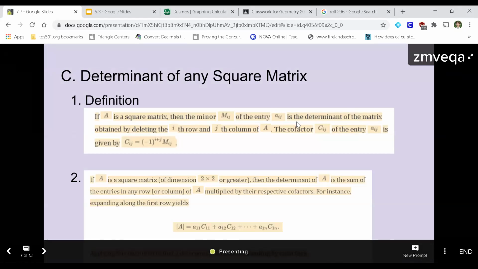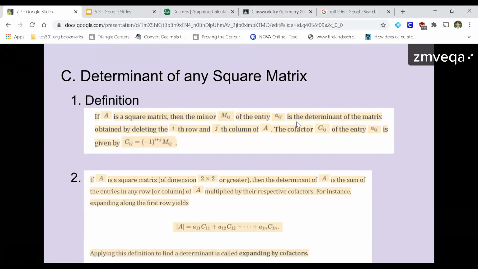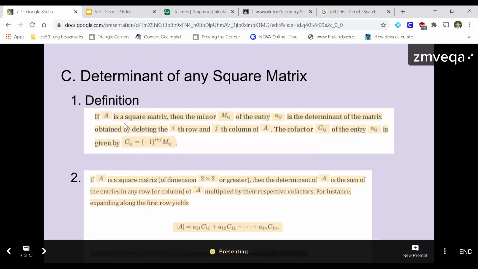So these are the formal definitions. And kind of like the formal definition of matrix multiplication, it's not very useful. But this is how it works. If I want to find the determinant of any square matrix, I have to find the minor of an entry in that matrix.